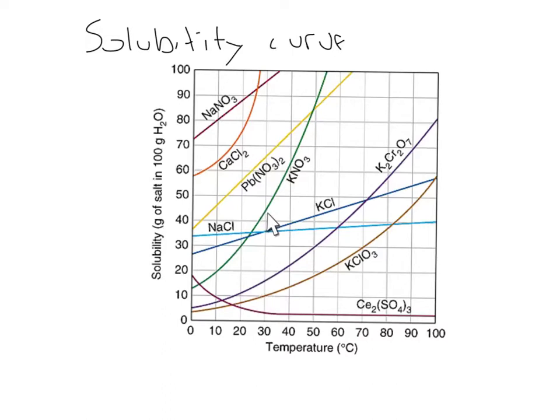If we heat up the water to 40 degrees, we can now dissolve about 62 grams. Then if we cool the water back down to 30, we see that at 30 it can only hold 42, but it would have 62 grams in it. And at that point, we've created a supersaturated solution.